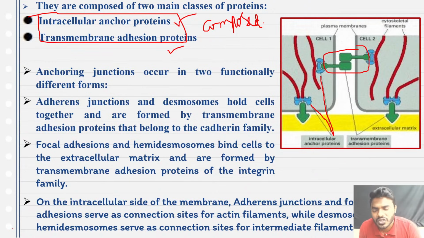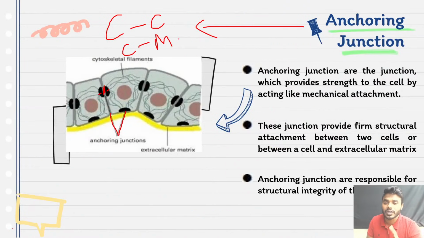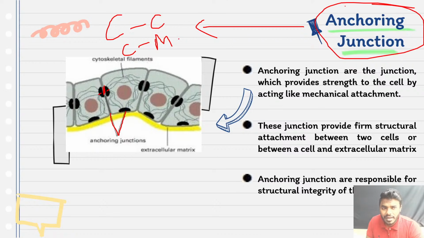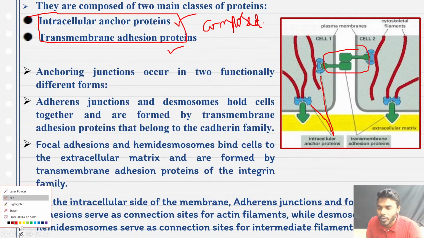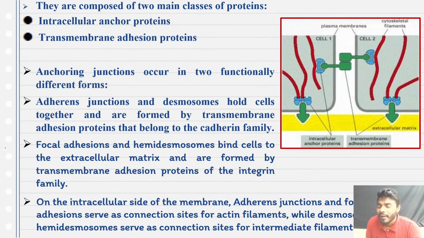Now I want every student to listen to me carefully without confusion. Every anchoring junction is made up of two types of proteins. Based on the composition and the function performed by them, anchoring junctions are divided into two types. You have to remember this compulsorily.